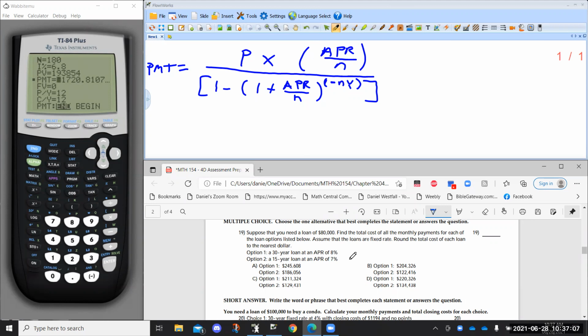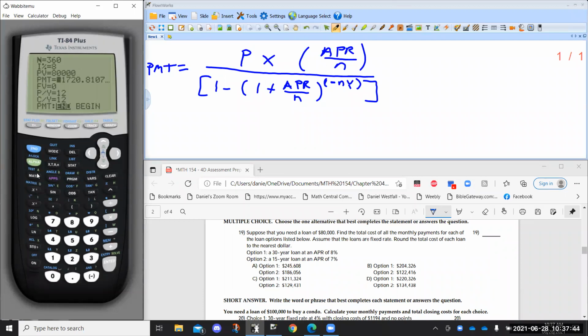So we are going to look at option 1, which is a 30-year loan with an APR of 8%, and its present value was $80,000.